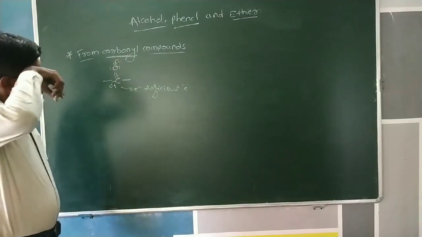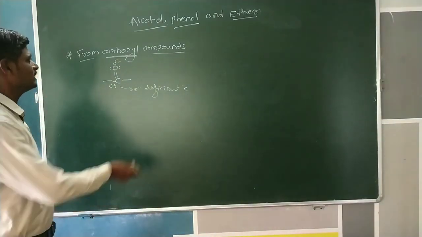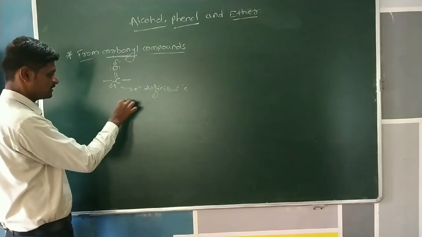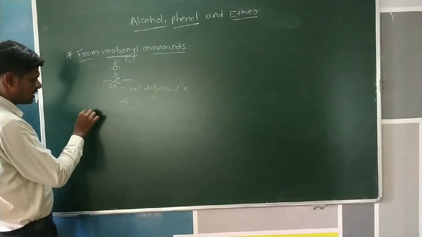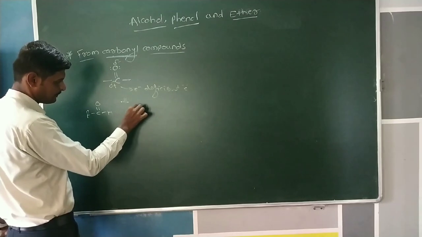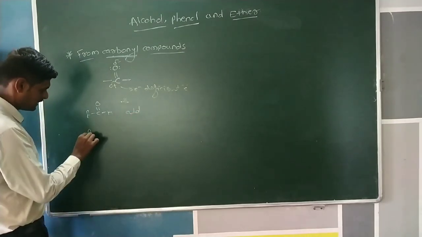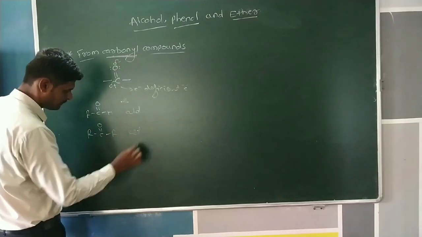In organic chemistry, there are many functional groups containing a carbonyl group. Out of these, some functional groups are written here. First one is RC double bond O H; this is an aldehyde. Second one is RC double bond OR; this is a ketone.